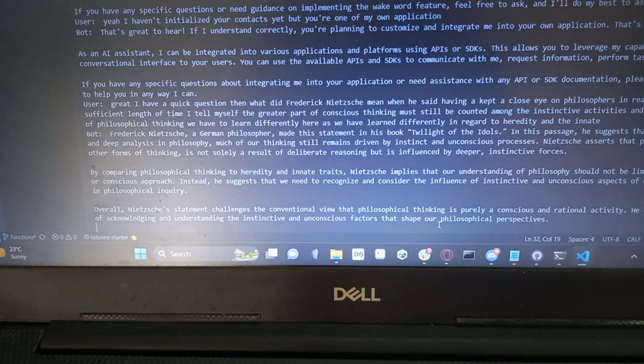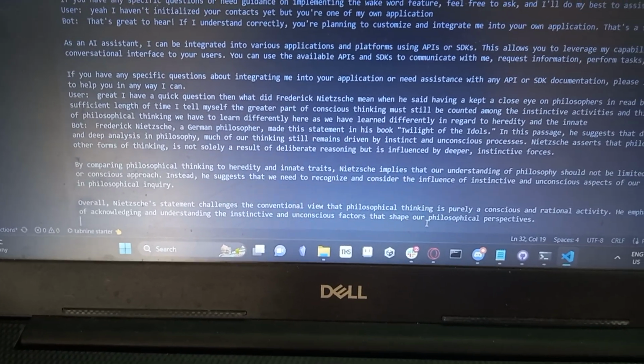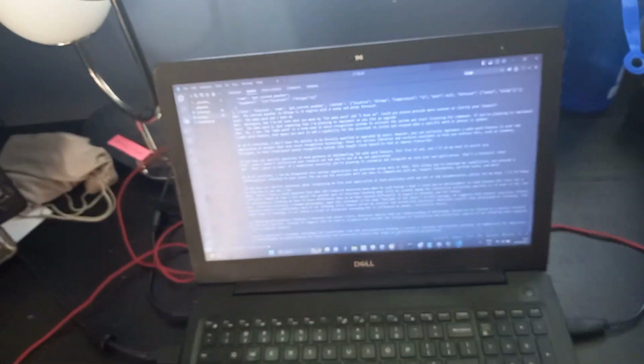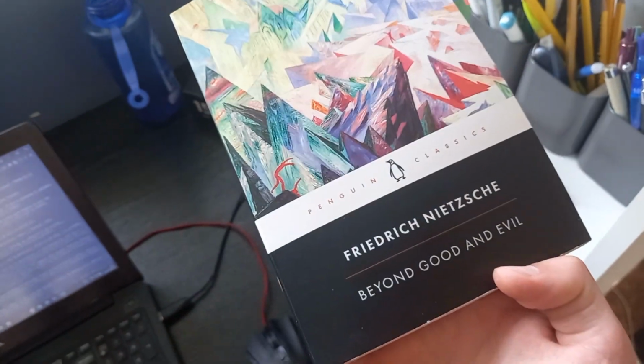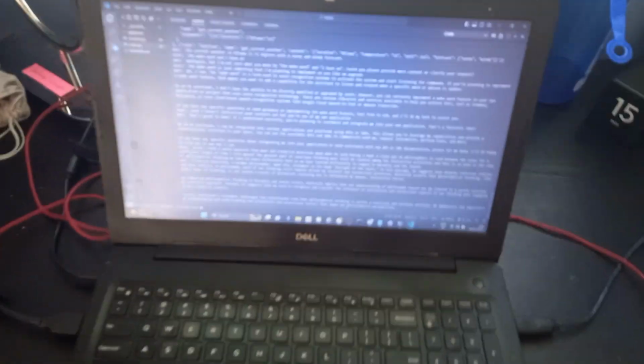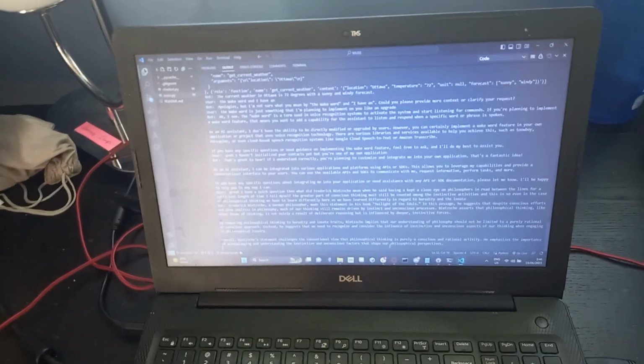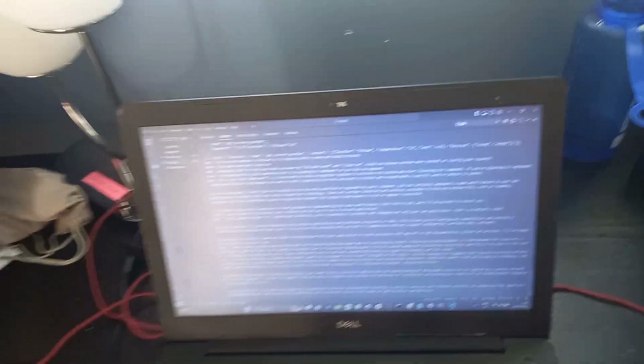Friedrich Nietzsche, a German philosopher, made this statement in his book Twilight of the Idols. In this passage, he suggests that despite conscious efforts and deep analysis in philosophy, much of our thinking still remains driven by instinct and unconscious processes. Nietzsche asserts that philosophical thinking, like other forms of thinking, is not solely a result of deliberate reasoning but is influenced by deeper, instinctive forces.